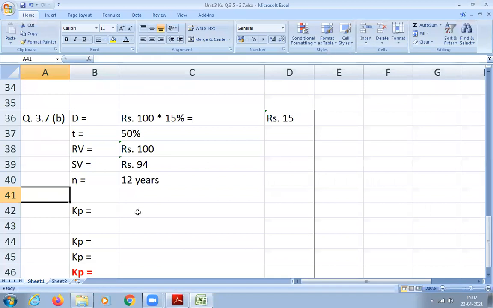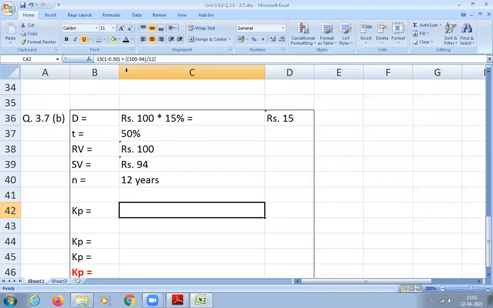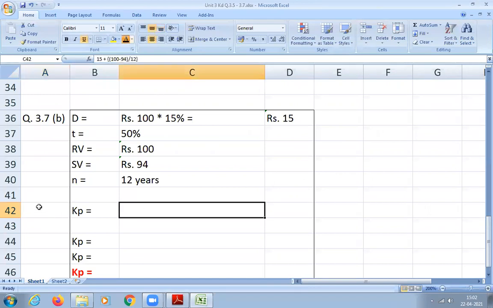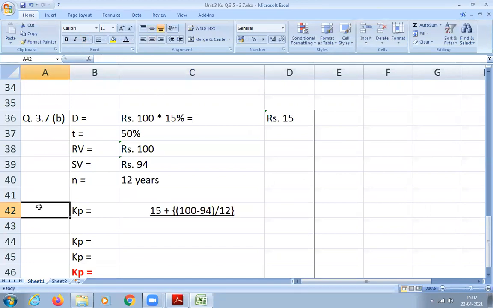What is the formula? D plus RV minus SV divided by N. Okay, substitute now. Here should we take tax? No, sir. Because the formula says D plus RV minus SV divided by N only. Why are we not taking tax? Because preference dividend is not tax deductible.